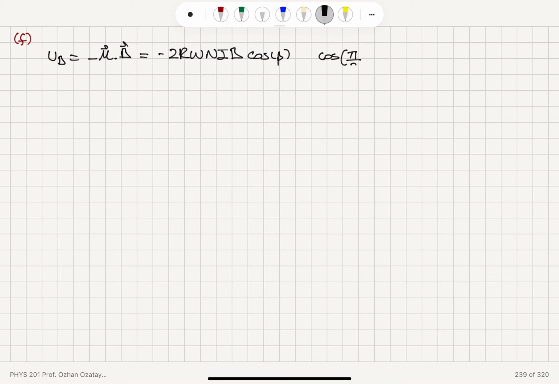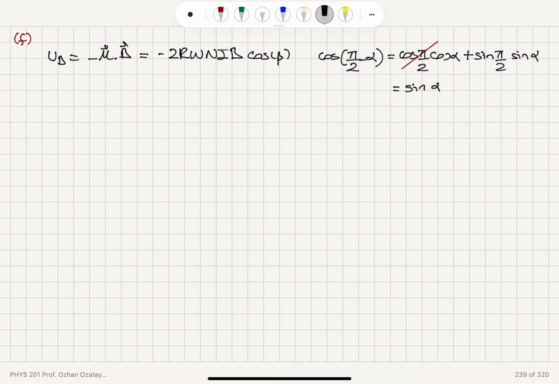So that's cosine of pi over 2 minus alpha, which we have shown before. Let's do it again. Cosine pi over 2 cosine alpha plus sine pi over 2 sine alpha. Because this is 0, that disappears. We obtain sine alpha.